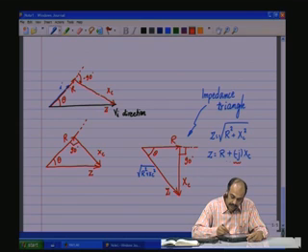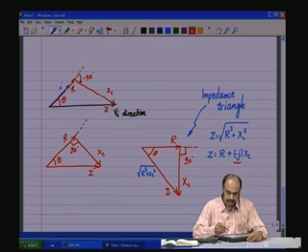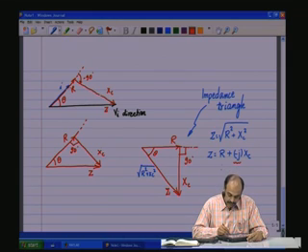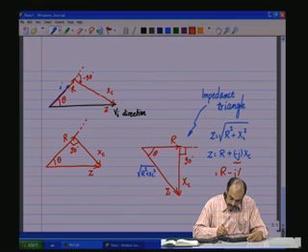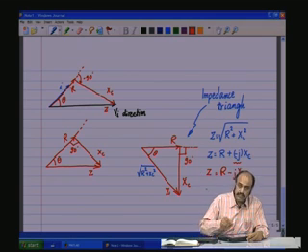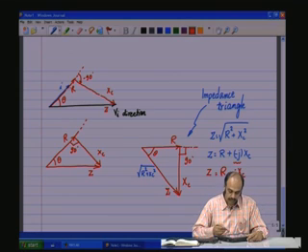Minus j means that it is going to rotate that vector by minus 90 degrees, and that is what is done here. So, this results in r minus j x c. This is the impedance of the circuit as seen from the input terminals.